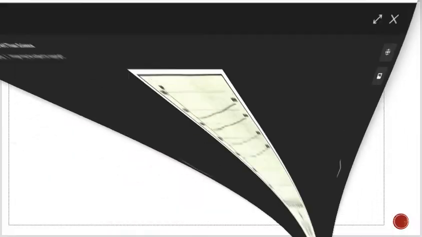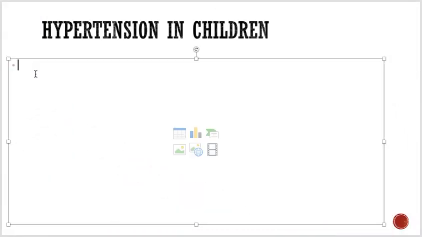Simply, hypertension in children is mostly diagnosed or defined on the percentile chart.